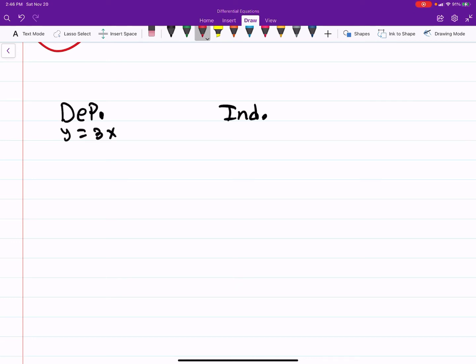In this case, y is the dependent variable because it depends on whatever value you use for x. Meanwhile, x is the independent variable. So you might see it dy dx equals, I'm just going to make something up, plus 2y. And I'll just put the same thing here.